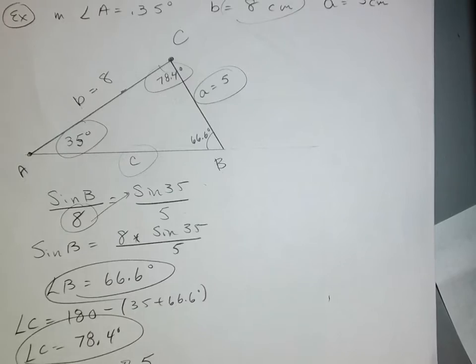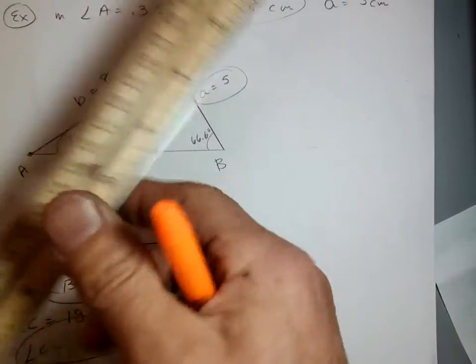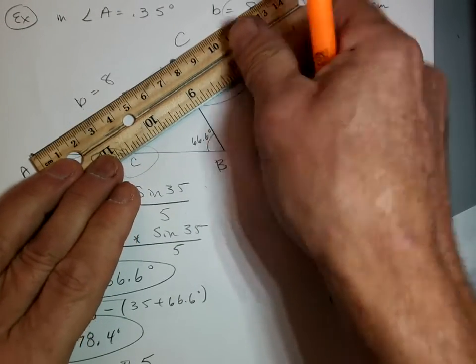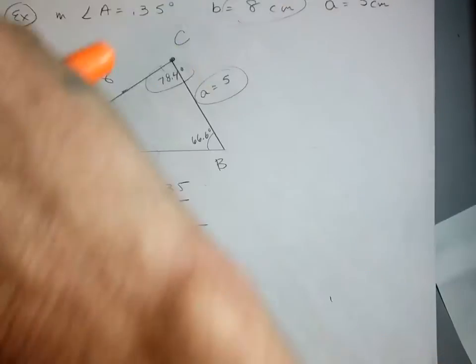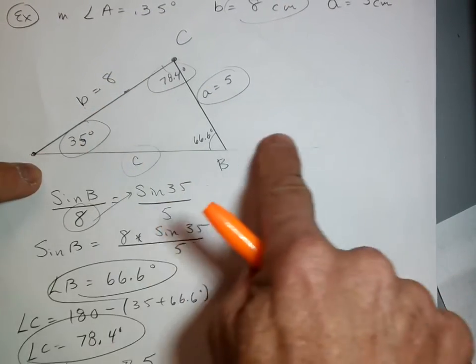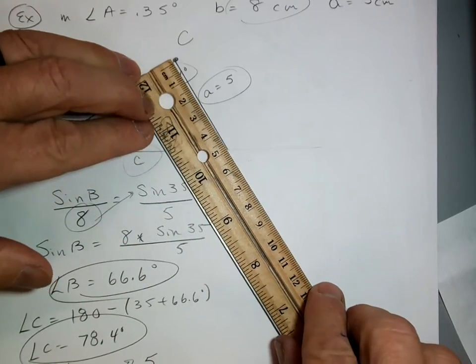Okay, I have my angle A, which is 35 degrees, and I have my B, which is 8. Now watch this. This side here, we don't know the length of it. It could be anything. But I know this side's got to be 5.